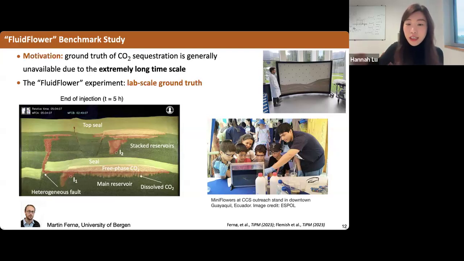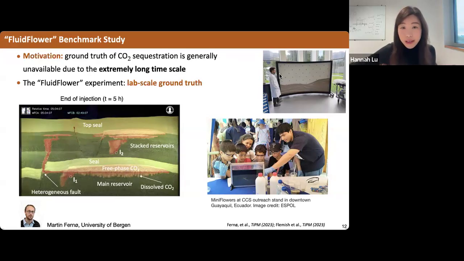It's called FluidFlower. They have these meter-scale quasi-2D tanks with transparent glass panels, and different geological settings are constructed by pouring different kinds of sands to mimic layers of the reservoir, the seals and the faults. CO2 is injected at designed locations, and the plume migration is visible to track in this days-long experiment.